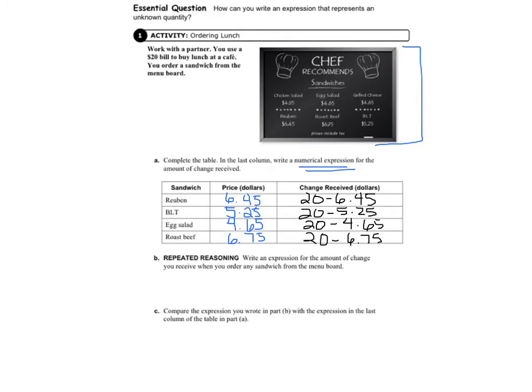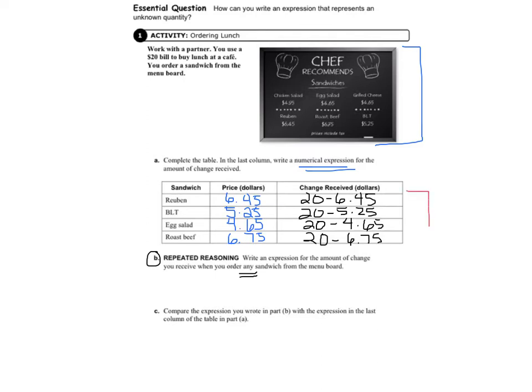Now, let's look at letter B. This is really important. Repeated reasoning. It says write an expression for the amount of change you receive when you order any sandwich from the menu board. So we need to look at our numerical expressions in the table and see what's similar about them.